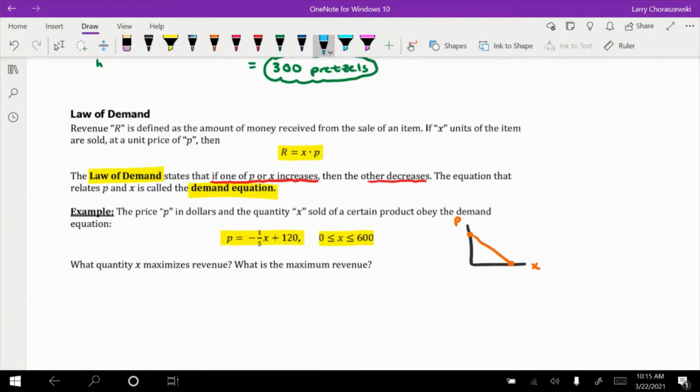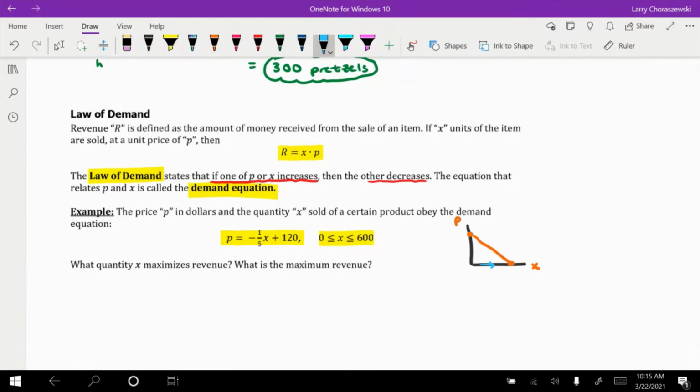Think of it this way: as your quantity or your supply increases, you don't really need to have a very expensive price per whatever you're trying to sell, because you have enough of the stock to make up the revenue that you would get should you have less stock, but still keep the price low.